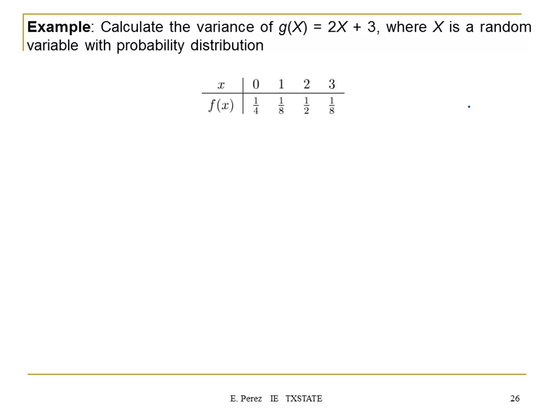So again, let's define what the variance is. The variance is sigma squared for g of x, and that is equal to the expectation of the difference between the value of the random variable evaluated in the function minus the mean for that random variable, squared.